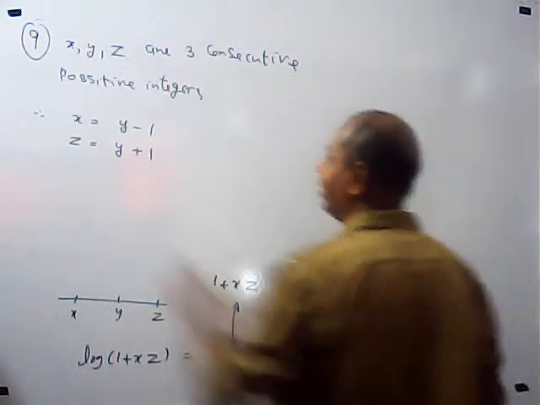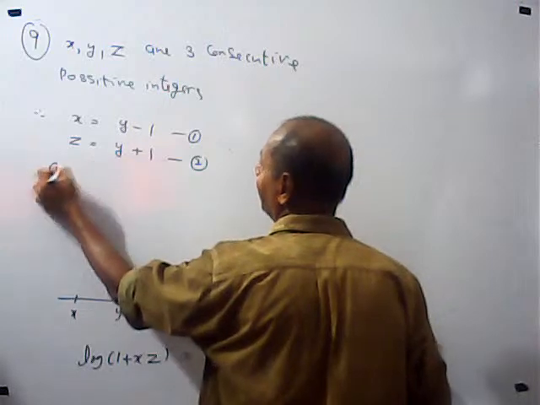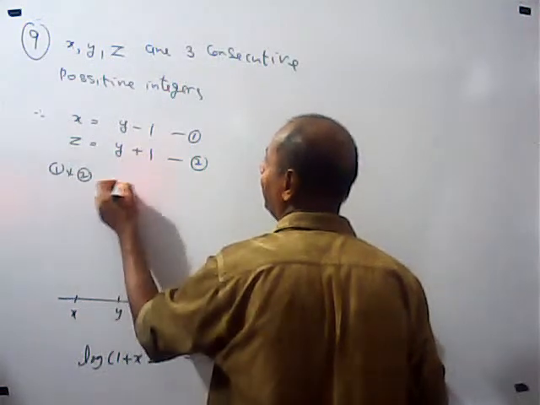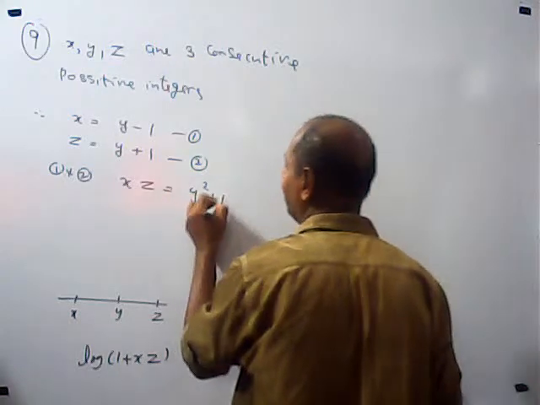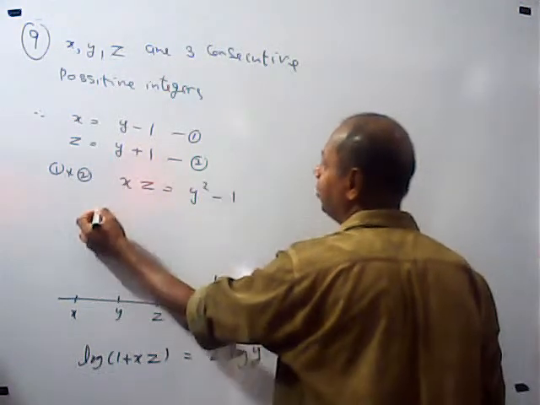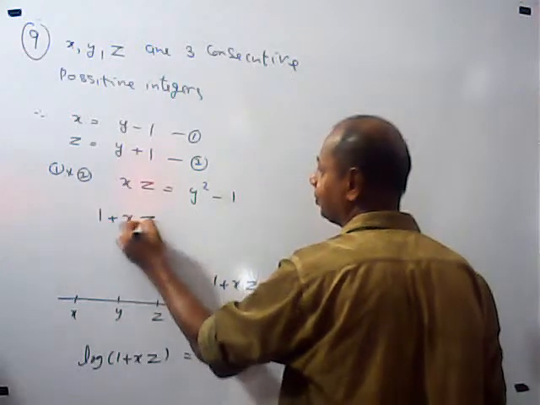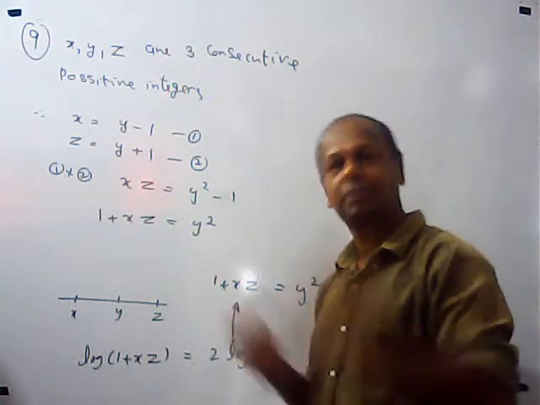Just multiply it. You get xz equals (y minus 1) into (y plus 1), which is y square minus 1, difference of squares. Take this to the other side, so 1 plus xz equals y squared.